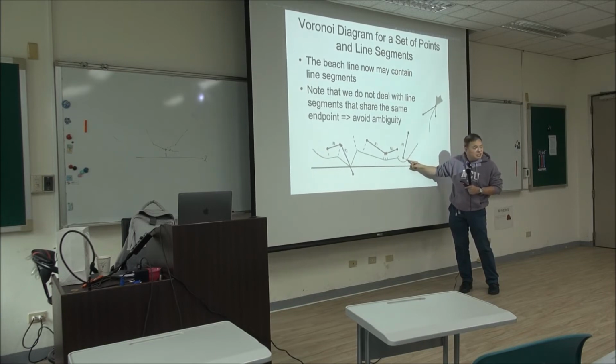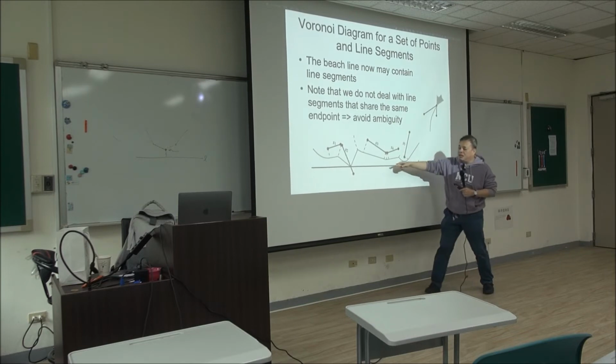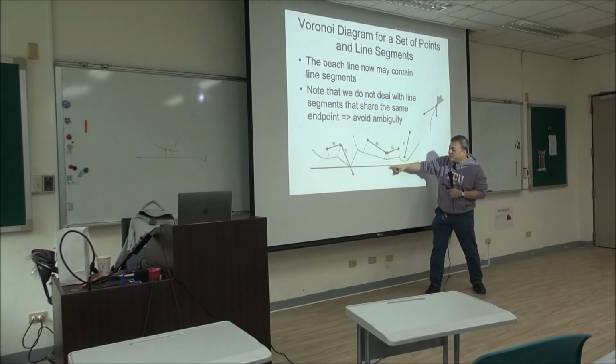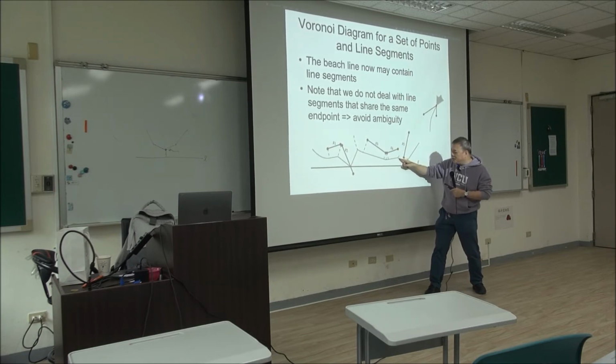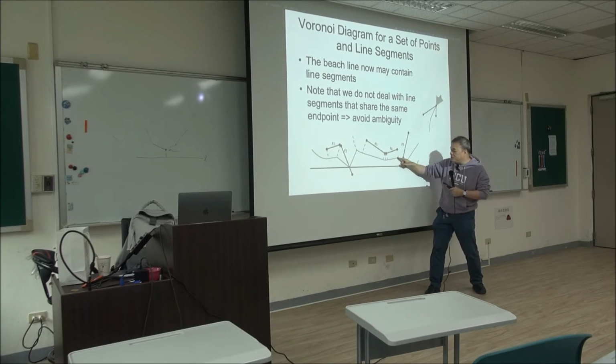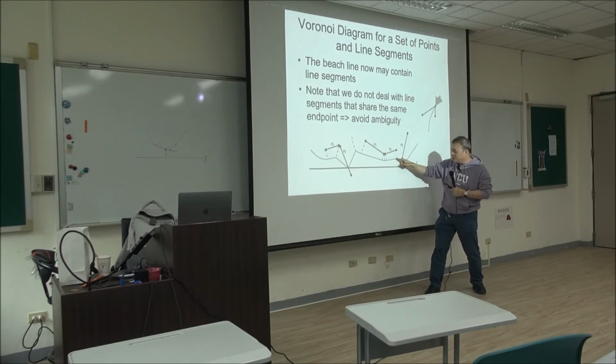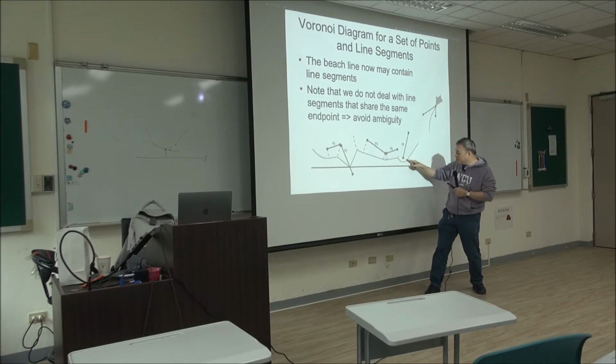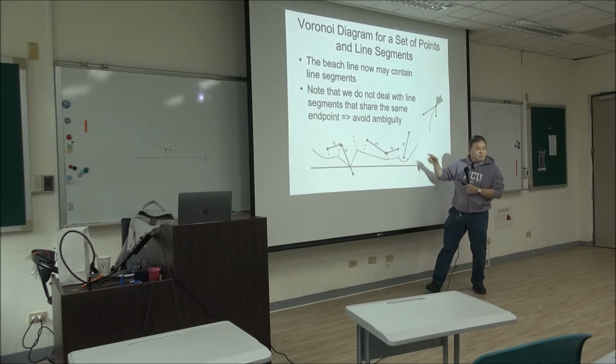When I say breakpoint, it basically means, in the beach line, when the component is different, for example from here to here, then this is a breakpoint because the type is different, right?